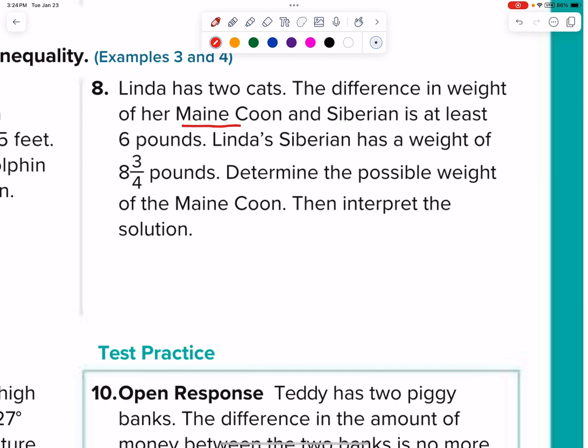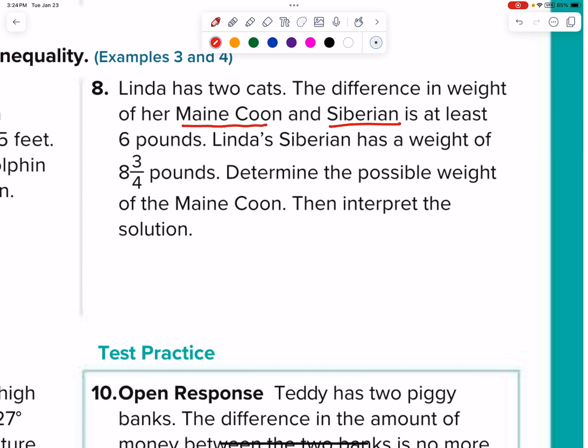We don't know which is bigger or smaller, so we're going to go with the order that they gave: Maine Coon minus Siberian. We know the difference is at least 6 pounds. Determine the possible weight of the Maine Coon, then interpret the solution.